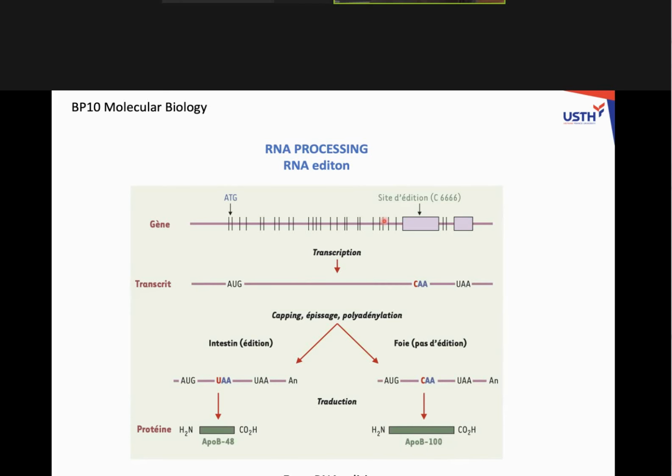So transcription, splicing, and so on, translation, 100 kDa protein. But in the intestine, there is RNA editing specific to this transcript and specific to that point. The modification happening in this editing is the conversion of a C to a U, the cytosine to uracil.